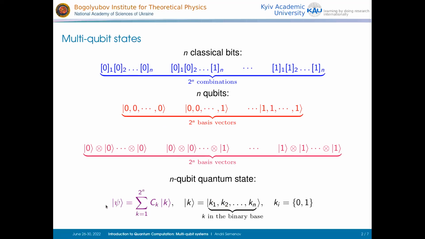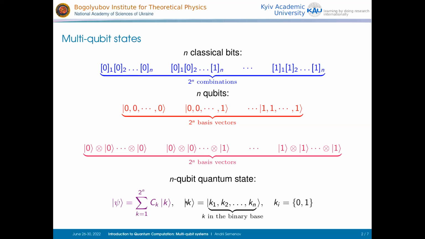This means that any pure state can now be written as a combination of all these basis vectors: sum over k from 1 to 2^n of c_k |k>, where k is, for example, a binary string k1, k2, ..., kn. Each k is 0 or 1.